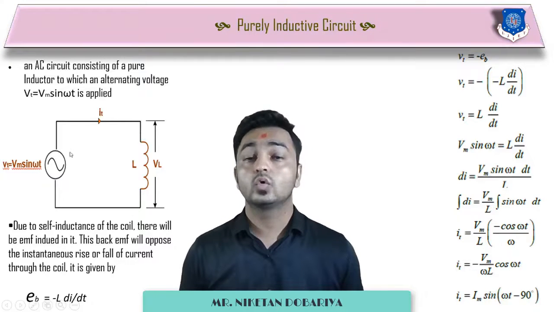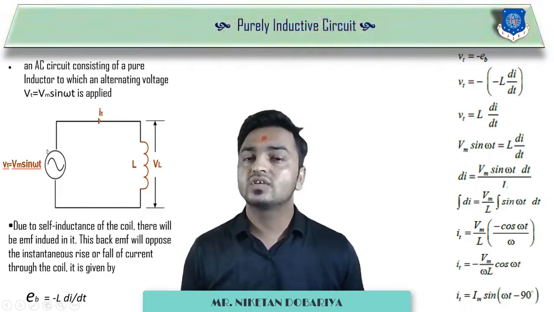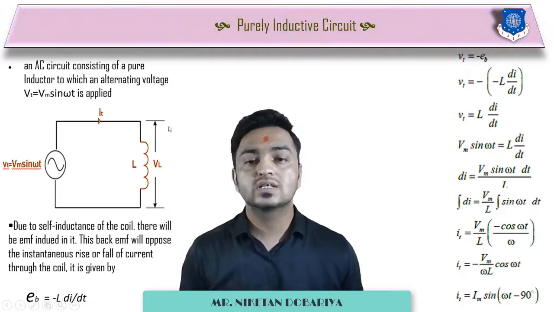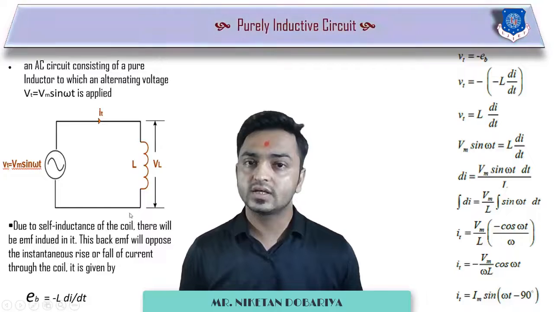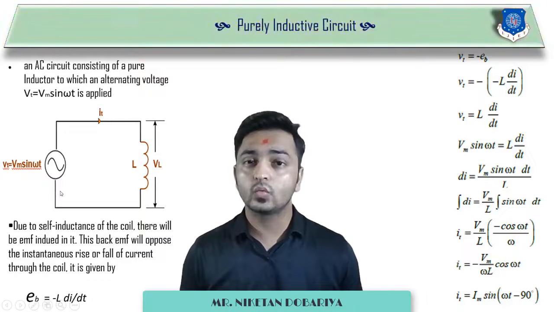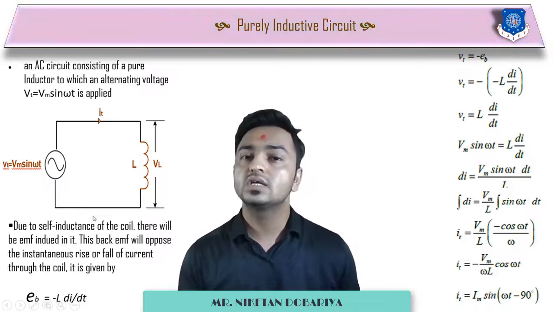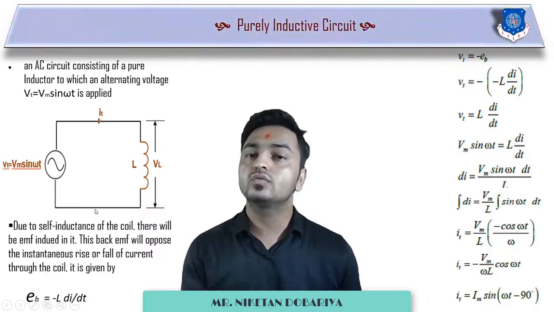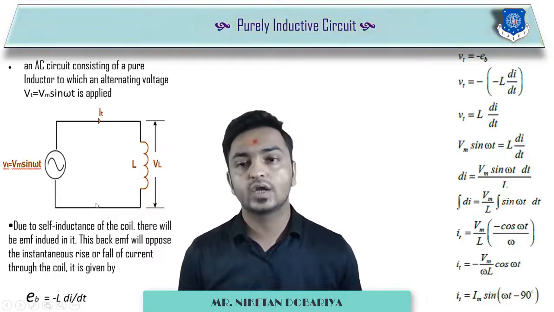And the supply voltage we provided to this purely inductive circuit is mentioned by the term Vt equal to Vm sine omega t, where Vt is nothing but the instantaneous value of the given supply voltage.